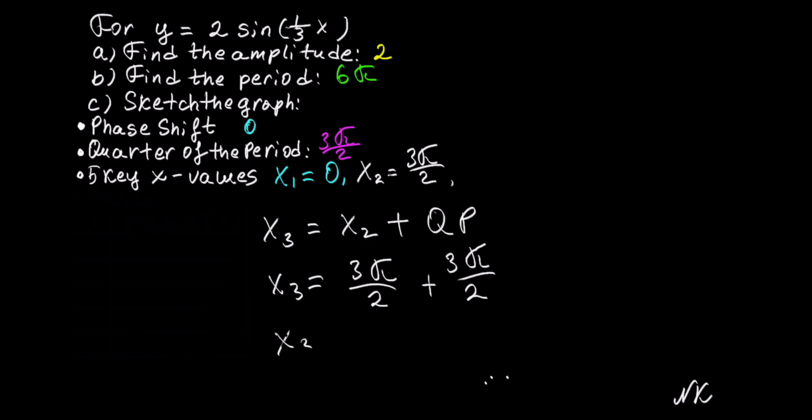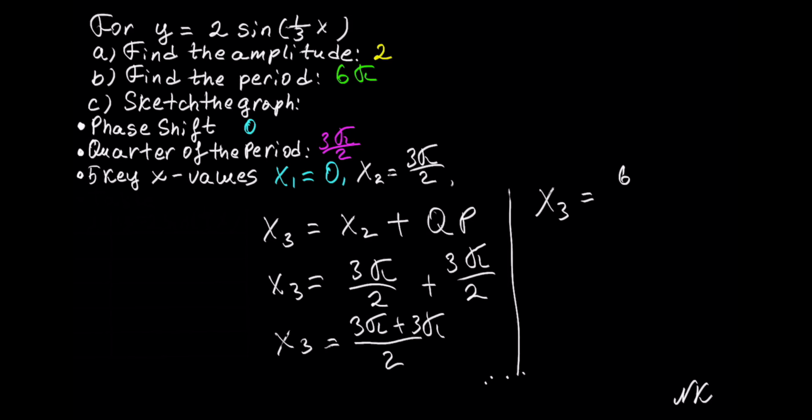This gives us x3 is equal to, out of 2, 3 pi plus 3 pi. So we get x3 is equal to 6 pi in the numerator out of 2. We can reduce this fraction and get x3 is equal to 6 divided by 2, 3 pi.